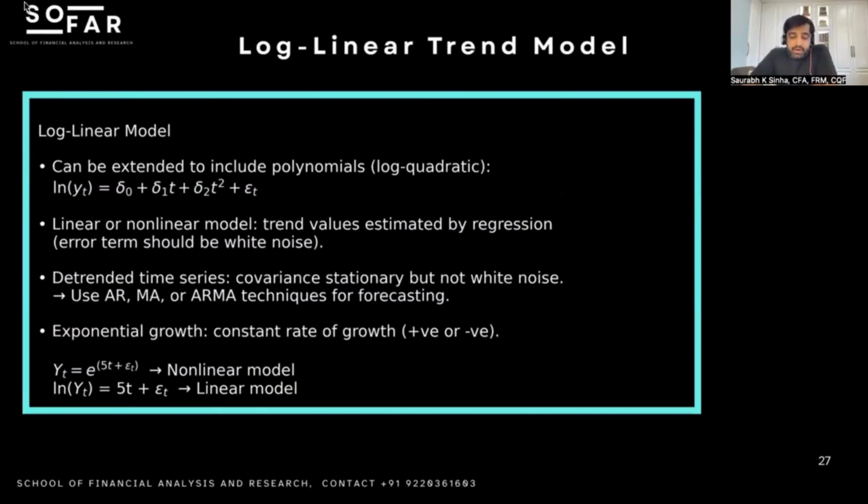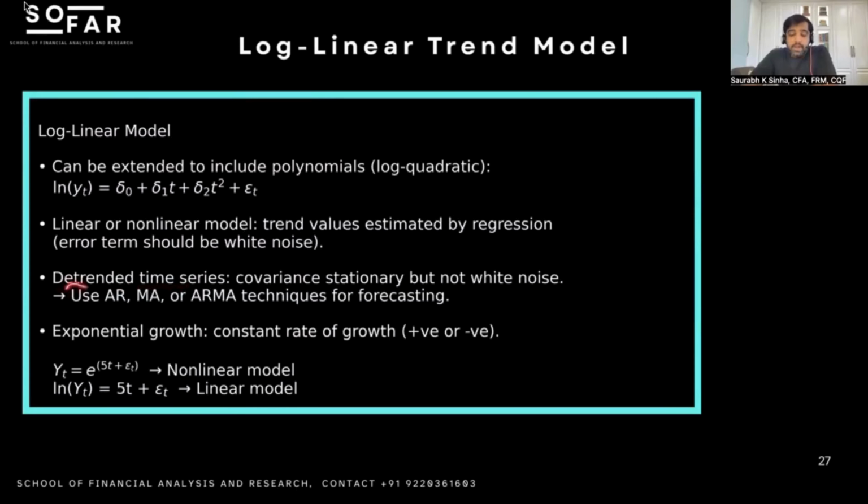The components, linear or non-linear trend model, are estimated by a regression, that is the ordinary least squares method. So therefore the error term should be what? White noise. If your time series is detrended, then you cannot use this model.